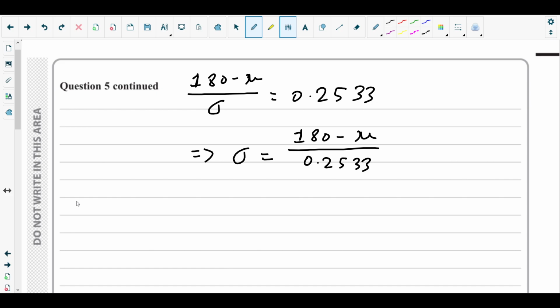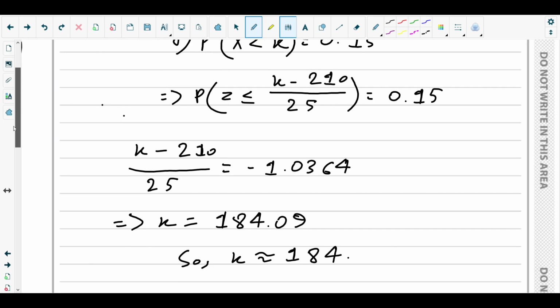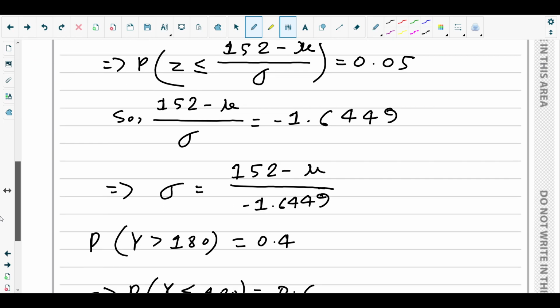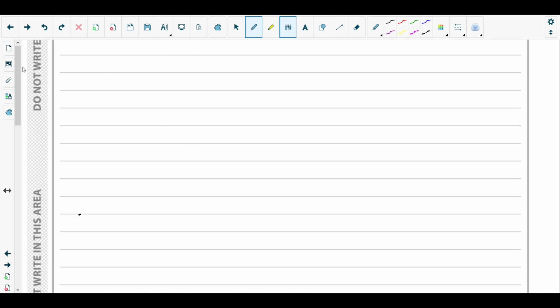So we can equate them, isn't it? 180 minus mu over 0.2533 is equal to the previous equation for sigma, 152 minus mu over negative 1.6449.